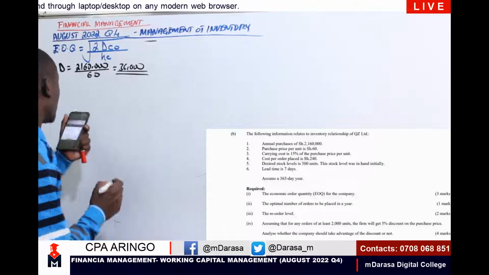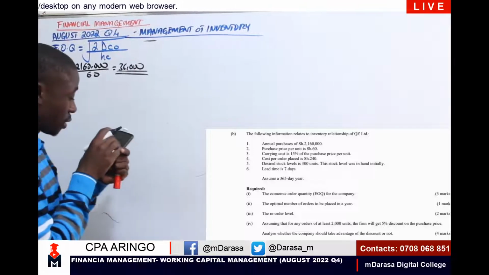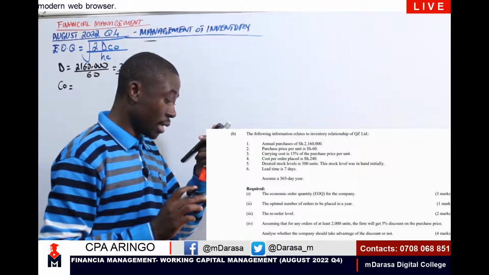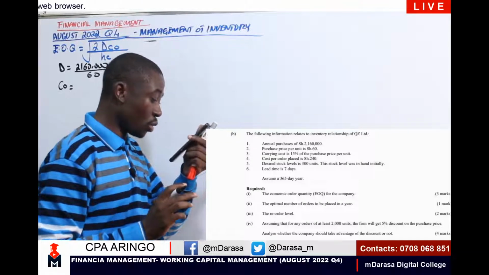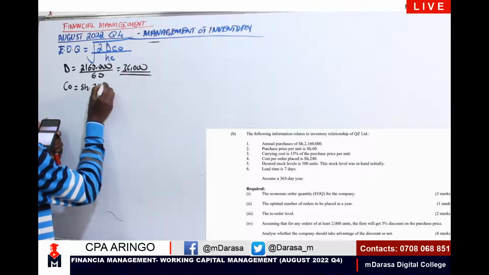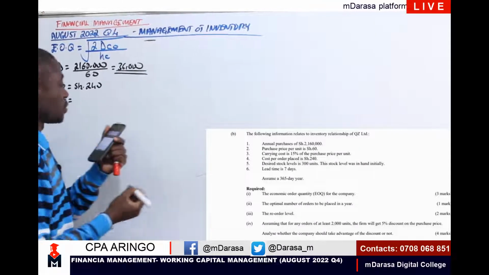What about our ordering cost? I want us to go to note number 4. Cost per order is 240. What about our HC? Our holding cost, the examiner was very good.